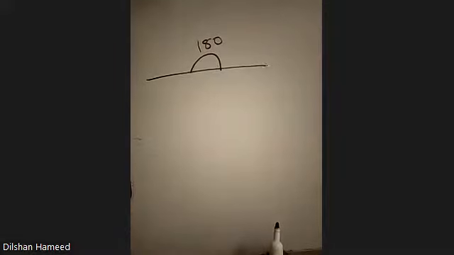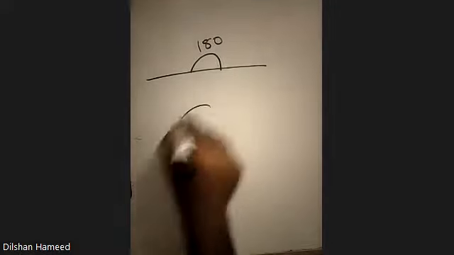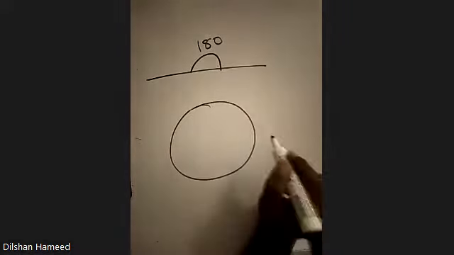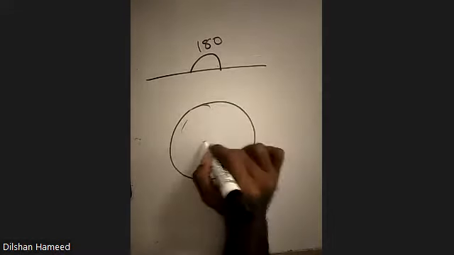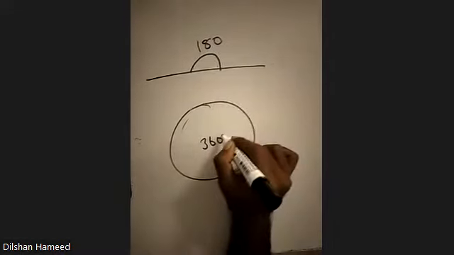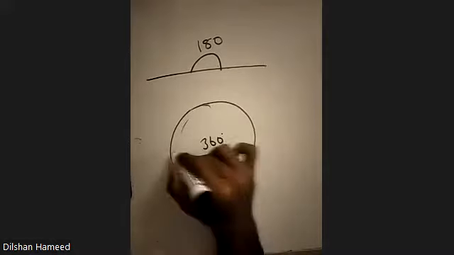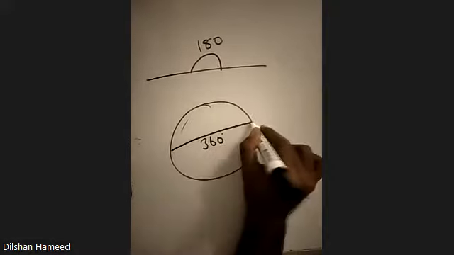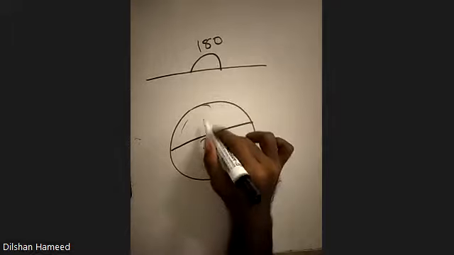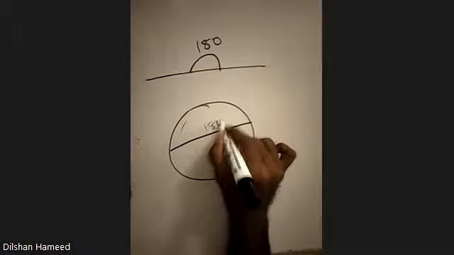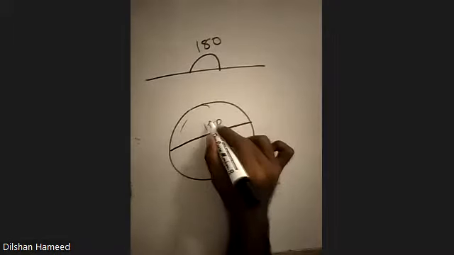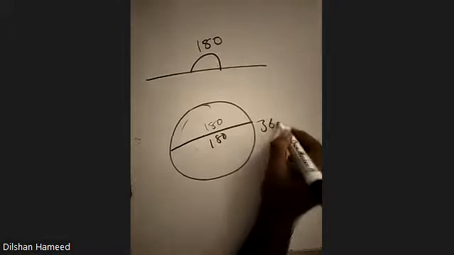Why is it 180 degrees? Because a circle is 360 degrees. So just half of the circle is 180 degrees, because 180 degrees this side, 180 degrees this side. Both added together, a circle is 360 degrees.